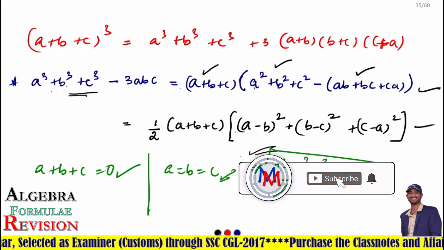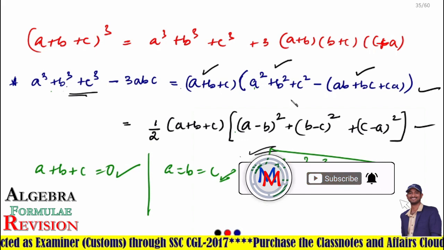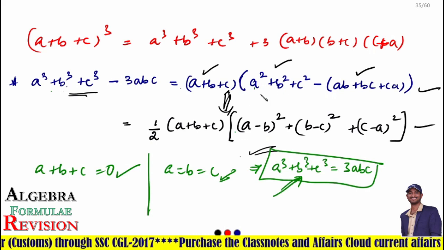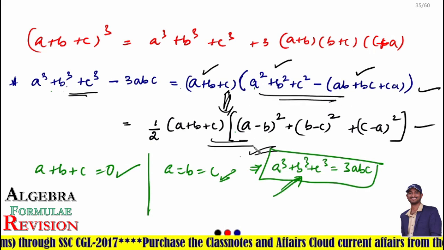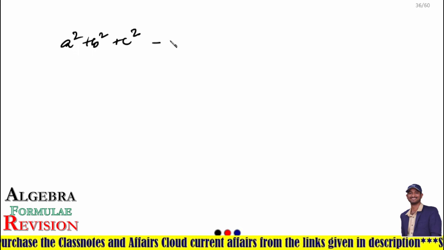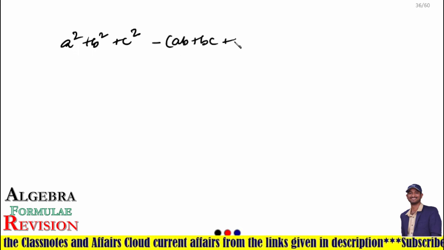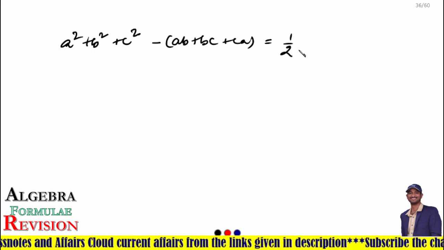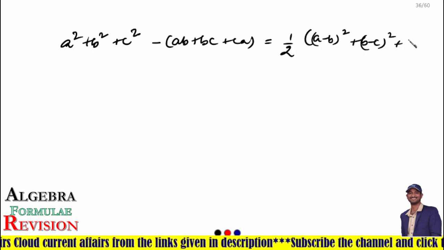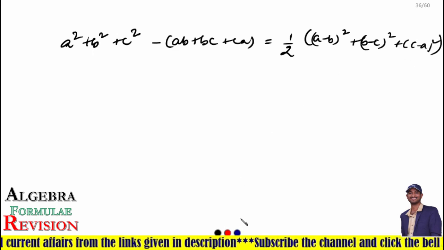Next, I can say one more thing. Since these two values are equal, I can write this value as this. a square plus b square plus c square minus (ab plus bc plus ca) is equal to half of [(a minus b) whole square plus (b minus c) whole square plus (c minus a) whole square].